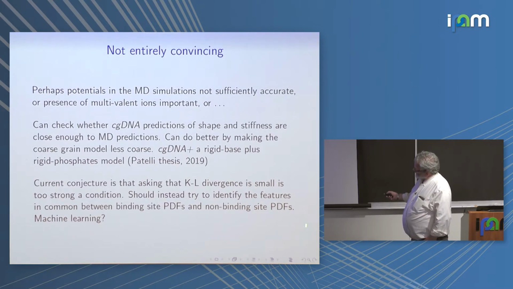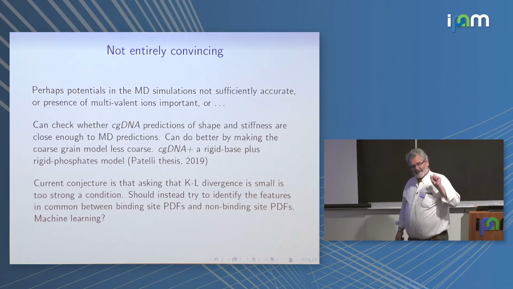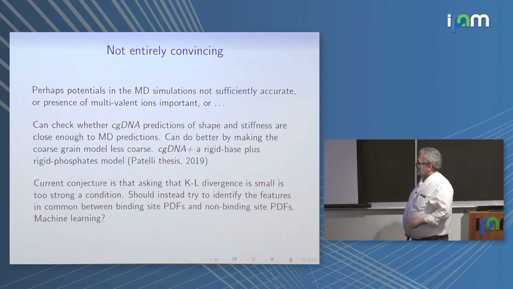But the interesting thing to me, and I think to others who work on binding sites, is that it's too strong a condition to ask that the Kullback-Leibler divergence is small. And the reason is, it's not a metric, of course, but it vanishes if and only if the PDFs are identical.